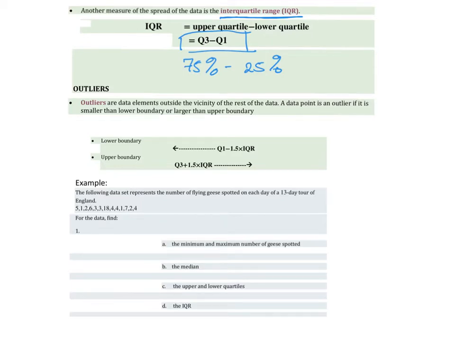One other thing that we have to know before we get onto box plots is what an outlier is. I often use the example of a class that I had a couple of years ago, I think a year 11 class, and everybody in there was between 175 and probably about 180 centimetres tall.